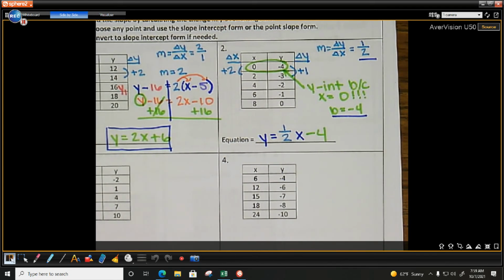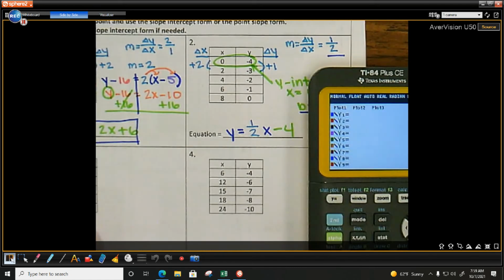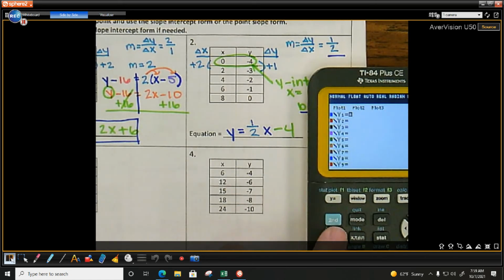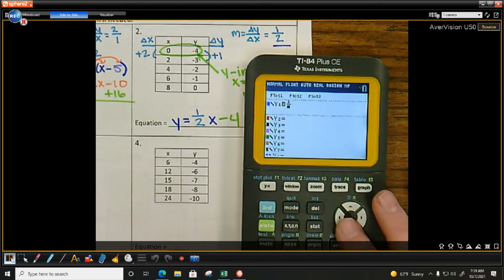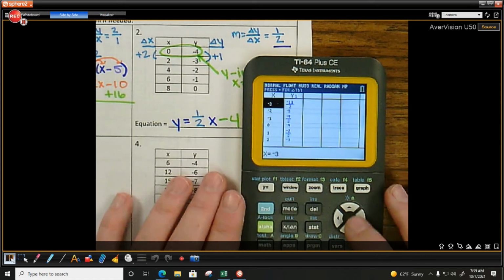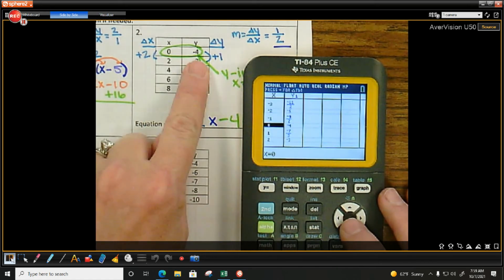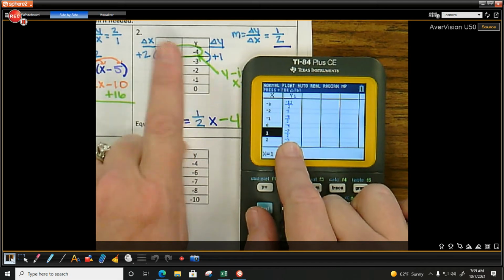Can we go to y equals and graph on our calculator? Yep. So alpha y equals, enter, 1/2 x minus 4. Go to the table. 0, -4. Is it okay that 1, -3.5 is skipped on my paper's table?